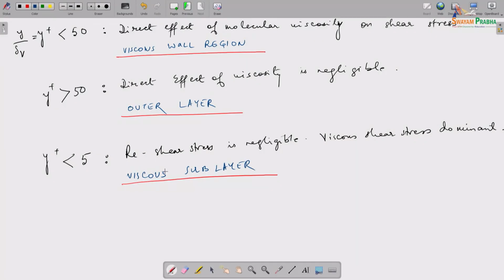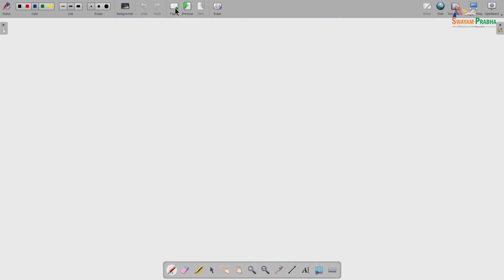Okay, all right. So now let us do a little bit of math. As we've been discussing, what are the parameters that completely define the flow?